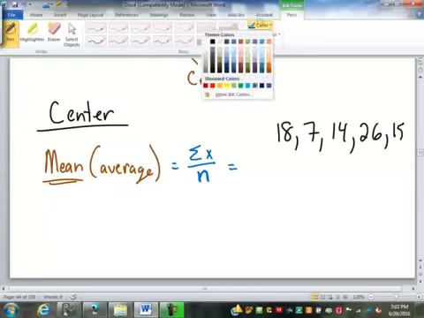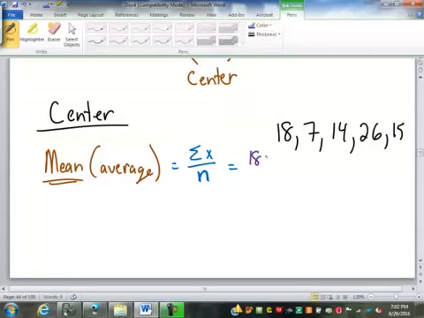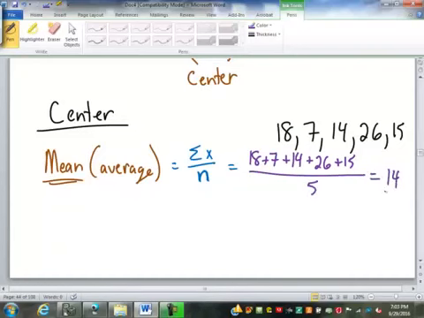So for this set here, we would add them all up. 18 plus 7 is 25, plus 14 is 39, plus 26 is 65, plus 15 is 80, divided by 5 is 16. So the mean of that set of numbers is 16. We add them up and divide by how many are there.